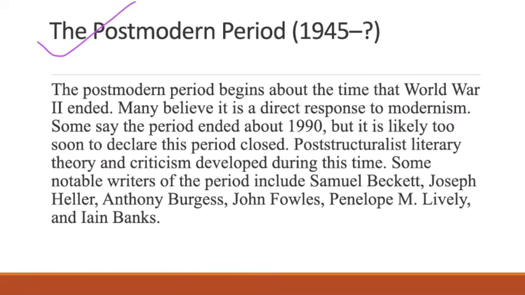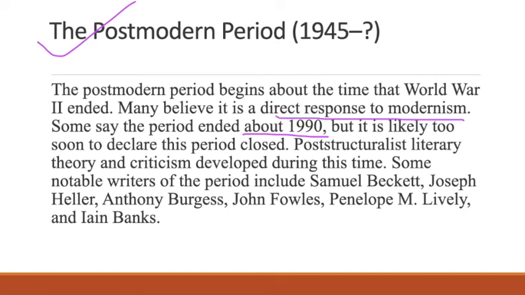Then comes the postmodern period, which comes after 1945, and it is said to continue till 1990. It is a very complicated period that I'll discuss in a separate video. But just keep in mind, the postmodern period begins just after the end of the Second World War, and it is said to be a direct response to modernism.